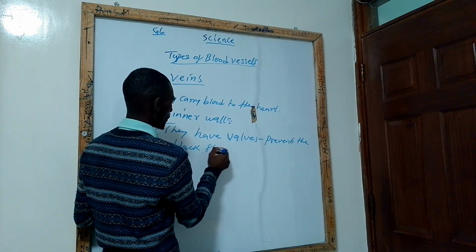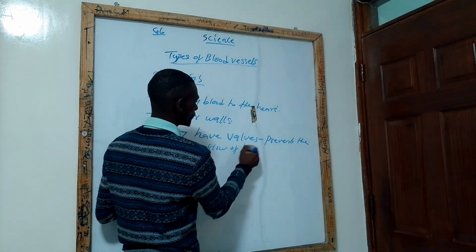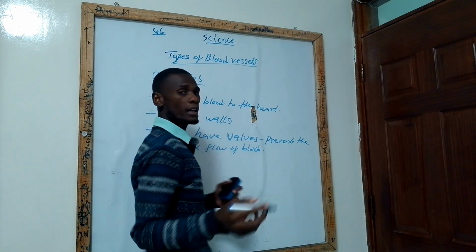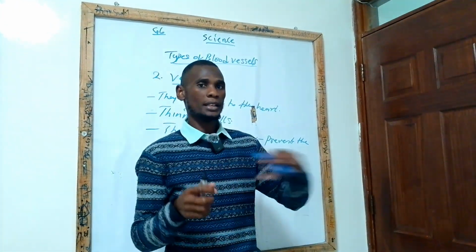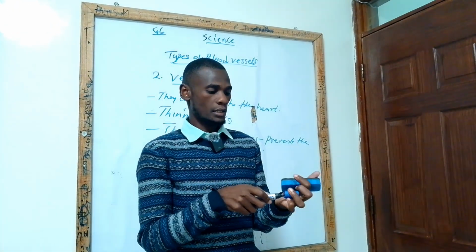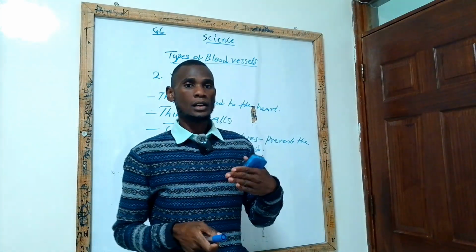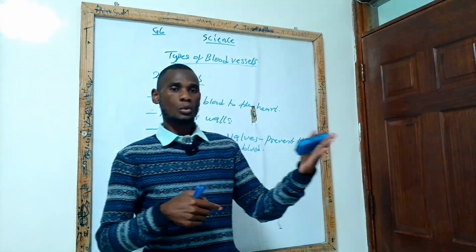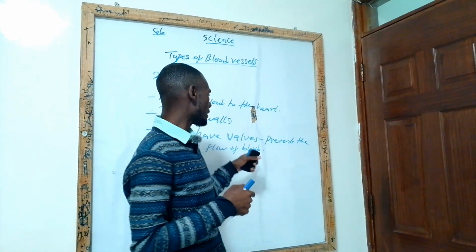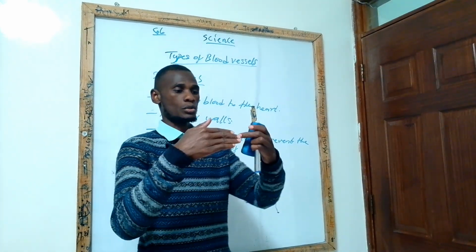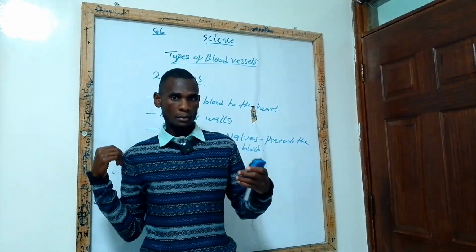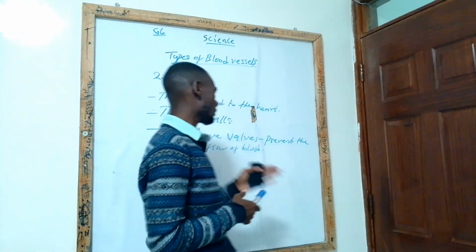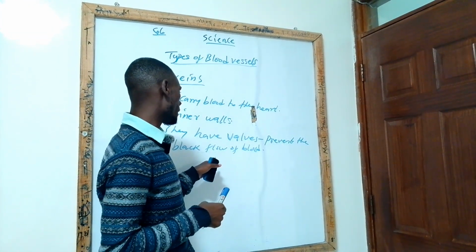Since the blood that flows in veins does not have pressure, there is nothing pumping it, so there is a possibility it might fail. If it fails and tries to go back, these things called valves close. Once they close, they prevent that blood from flowing back. That's the only thing that helps the veins.